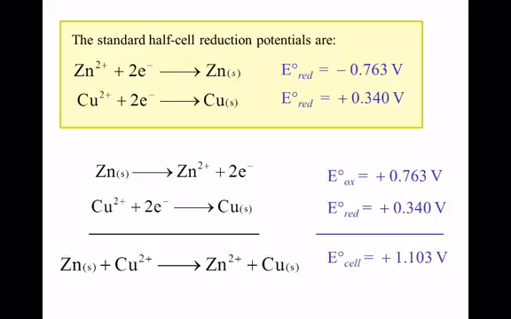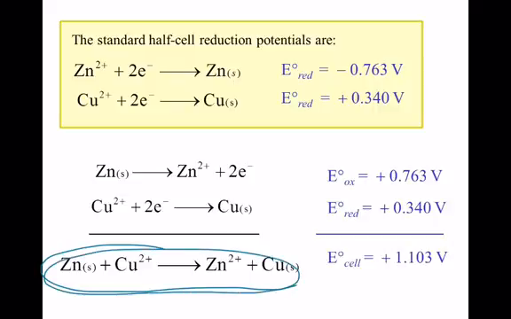Now remember, and this kind of blows my mind sometimes, as long as they're at standard conditions. Anyway, the overall reaction is a little akin to what we talked about yesterday in lab.